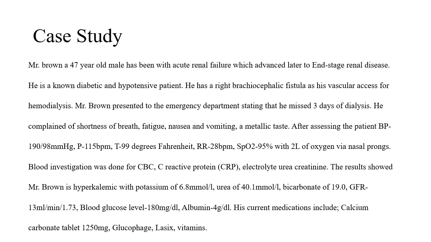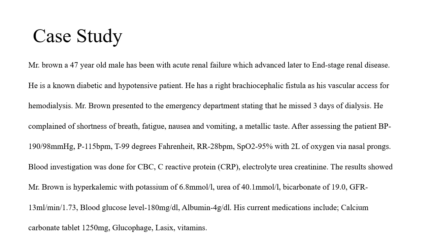After assessing the patient: blood pressure 190 over 98 millimeters of mercury, pulse 115 beats per minute, temperature 99 degrees Fahrenheit, respiratory rate 20 breaths per minute, oxygen saturation 95% with 2 liters of oxygen via nasal prongs.